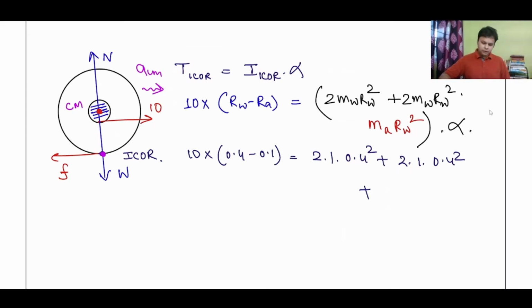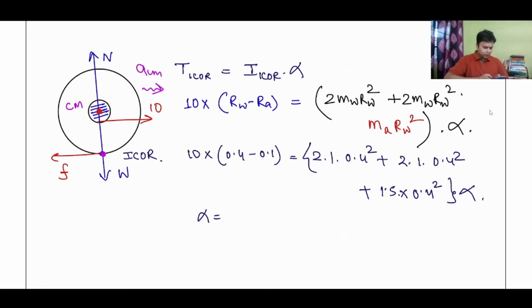Mass of the axle is given as 1.5, and again the radius, I'm going to take the radius of the wheel, so 1.5 into 0.4 whole square into alpha. So what is the value of alpha? Let me now calculate the value of alpha.